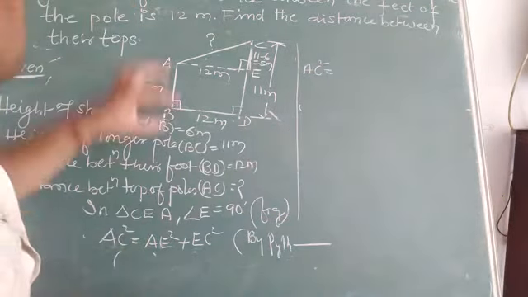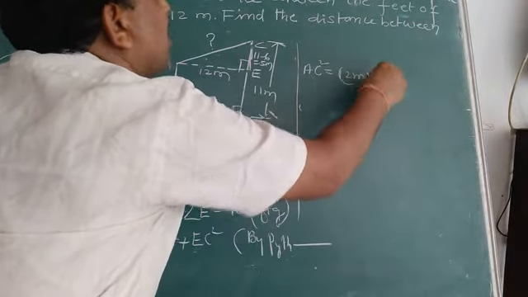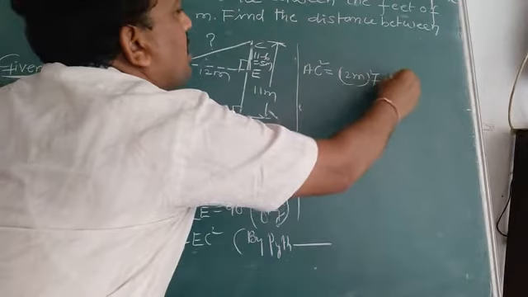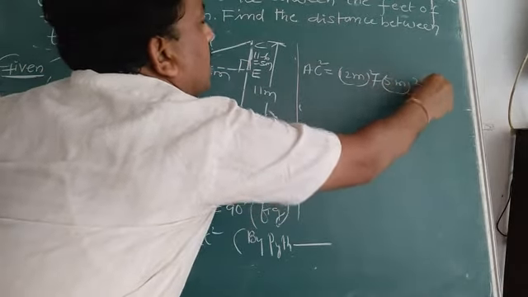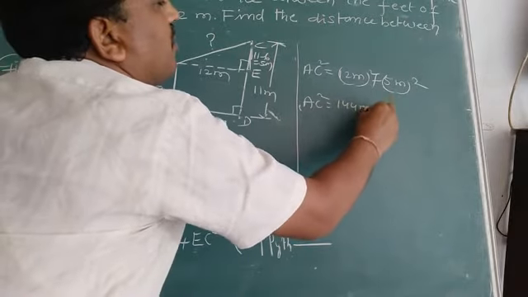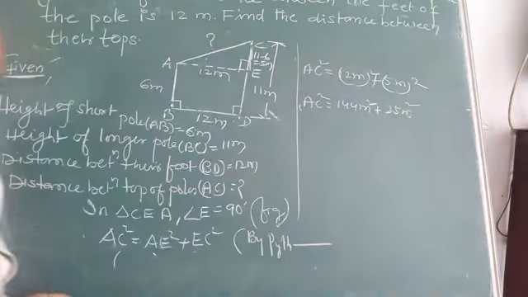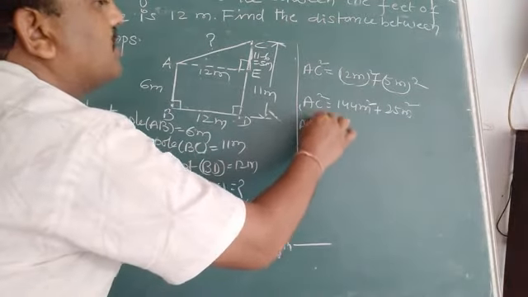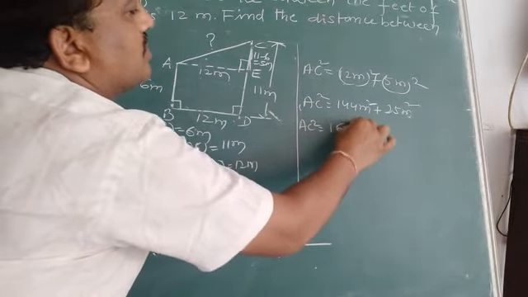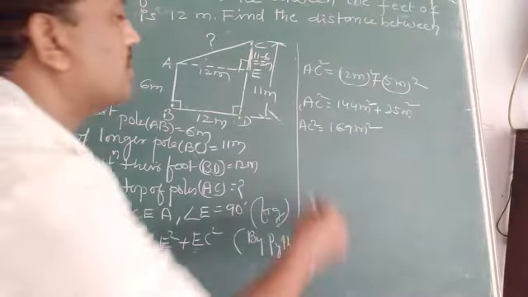And here AE square, A is 12. 12 meter whole square plus C is 5 meter whole square. Okay children. So AC square is equal to 144 square meter plus 25 square meter. So AC square is equal to 169. If you add, you will get 169 square meter.